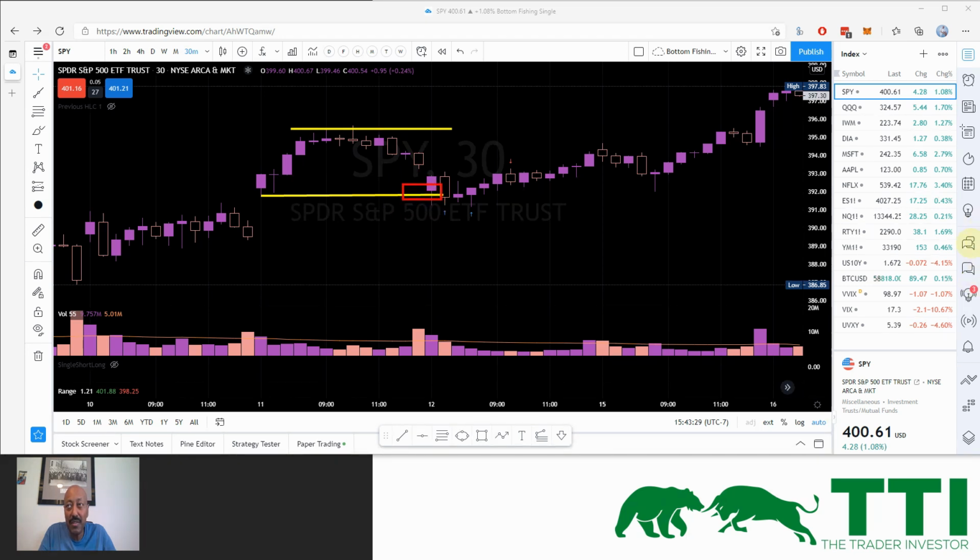That's where it opened. So if I were to enter this trade as an aggressive trader, I want to see price test the gap open, right? This empty gap. I want it to fill that gap.